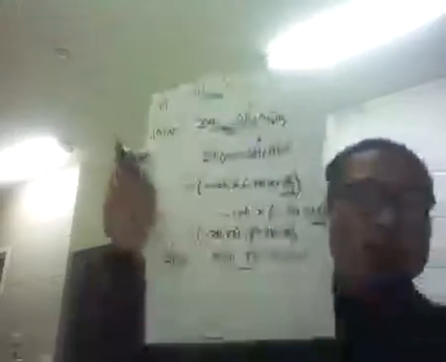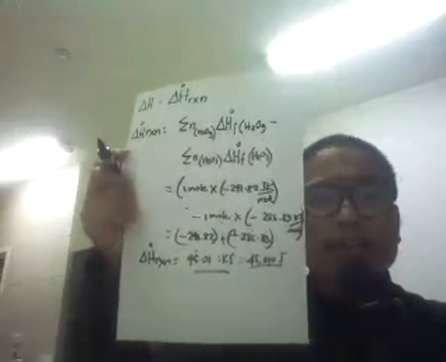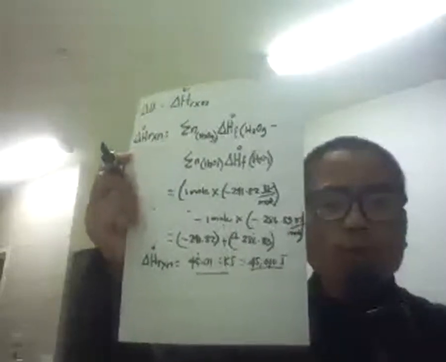So 45.01 times 1,000 is 45,010 joules. So which will you use? It could be kilojoules or joules. It depends on the choices of the question in the examination, whether it is joules or kilojoules.